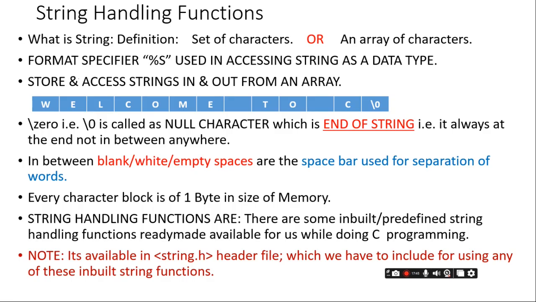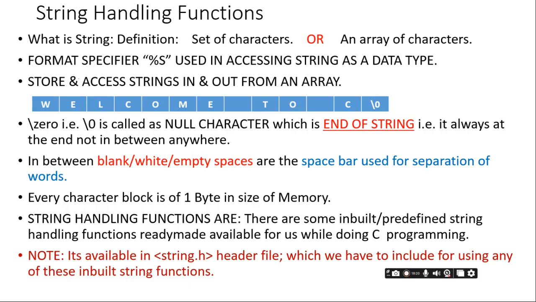That is, it is always at the end of the sentence or line of words and not in between anywhere. So in between spaces are called white spaces or blank spaces or empty spaces, which we separate with the help of the space bar while typing the words or sentences, which is a collection of words.